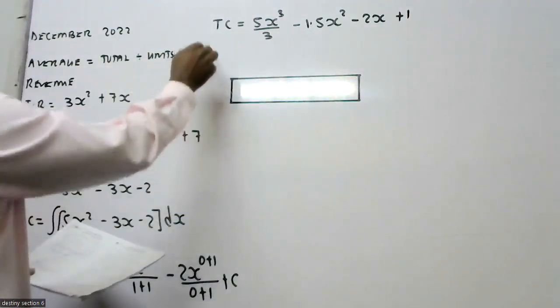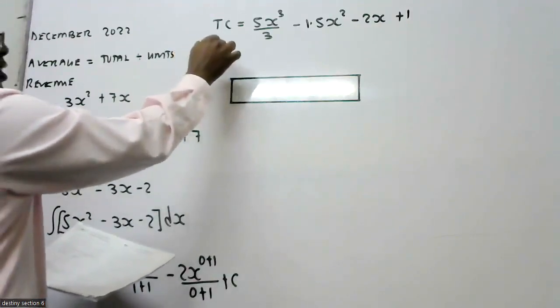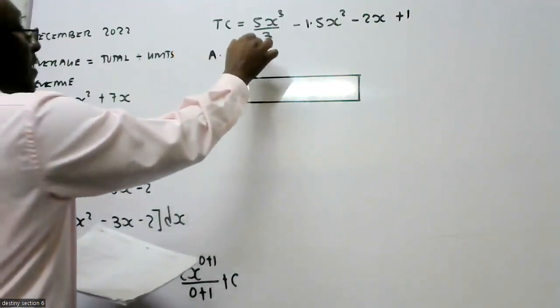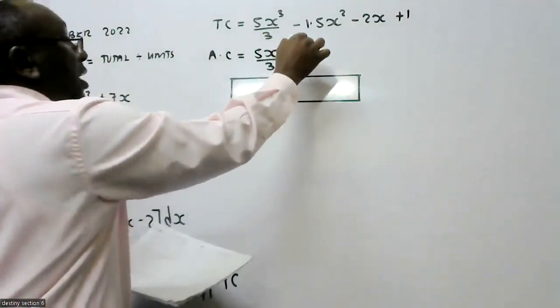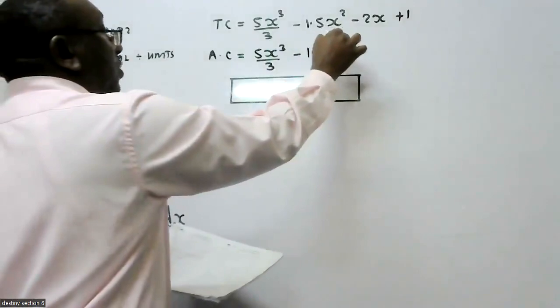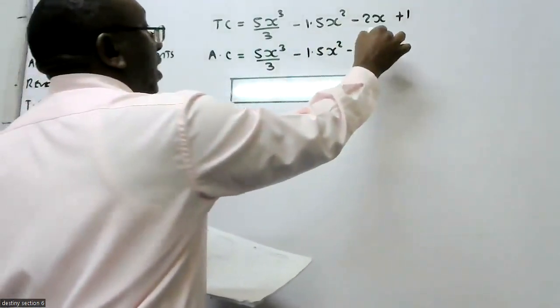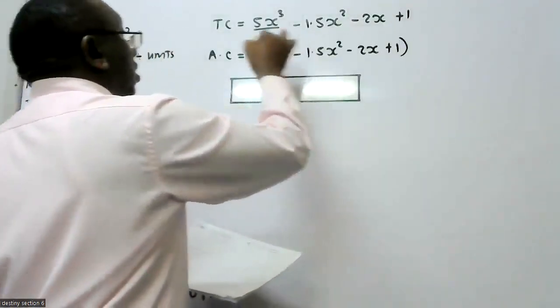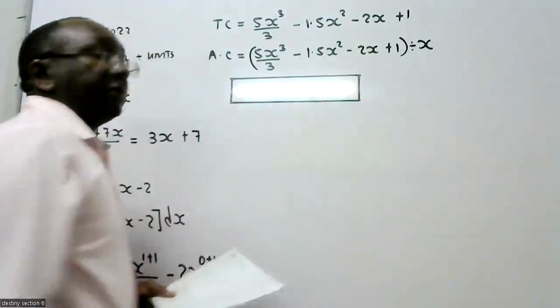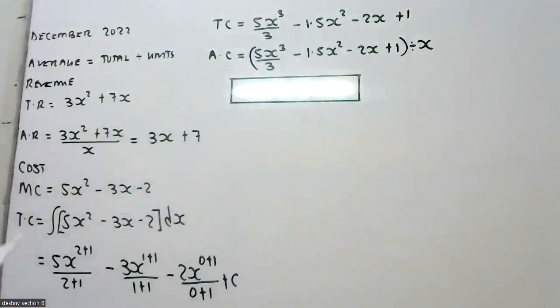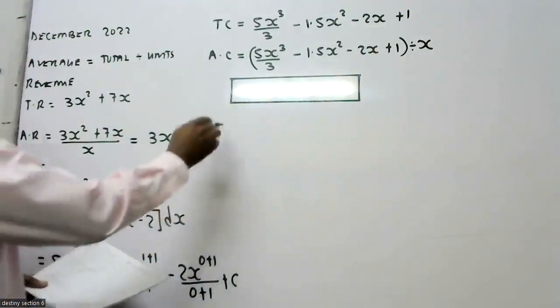So the average cost would then be 5x cubed out of 3 minus 1.5x squared minus 2x plus 1. All that you divide by x, which is the number of units.